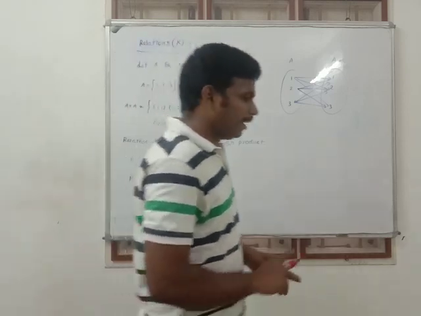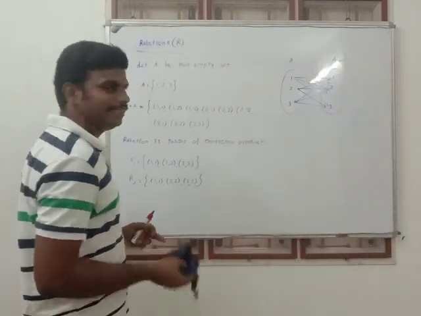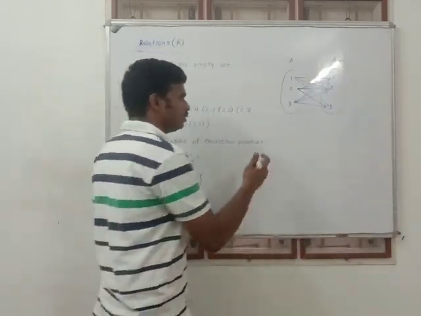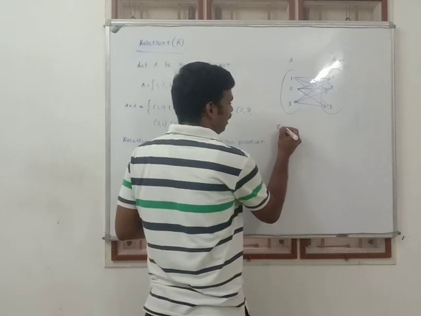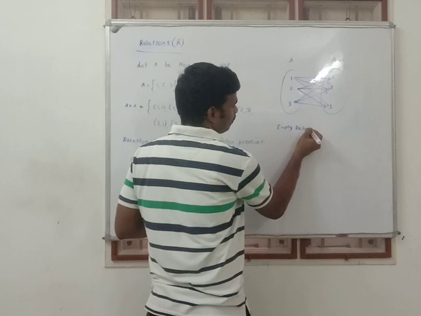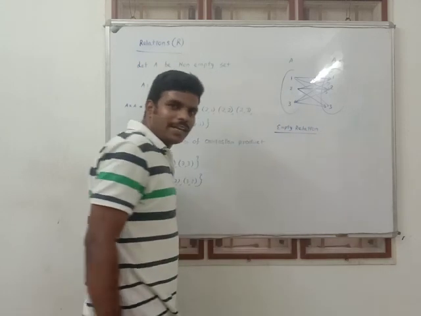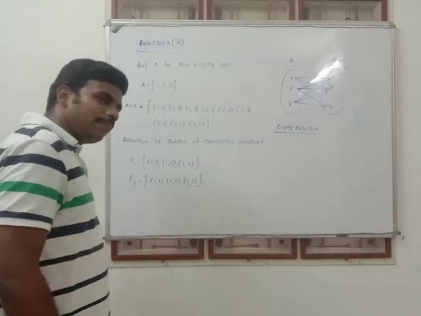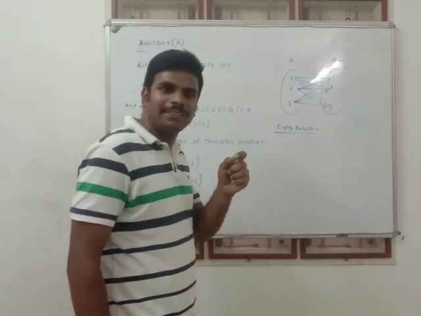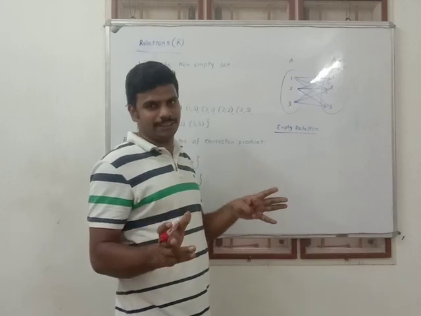Next, we are going to study the different types of relations. The first one is the empty relation. Empty relation is like an empty set. For example, in 11th we studied that a set which has no elements is called an empty set.